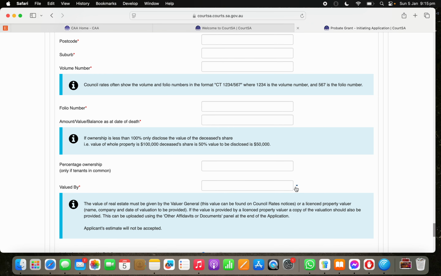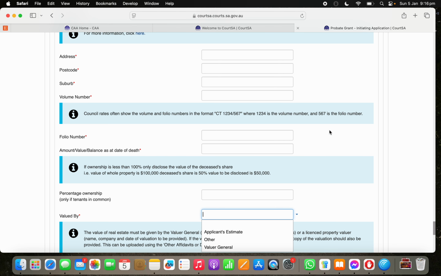Now, for real estate, it's really important that you use the Valuer General's valuation or a licensed property valuer's valuation. We're not interested in your own estimate or a real estate estimate or what somebody thinks that the going rate in the area is. We want either Valuer General's or a licensed valuer's property valuation for the piece of real estate.